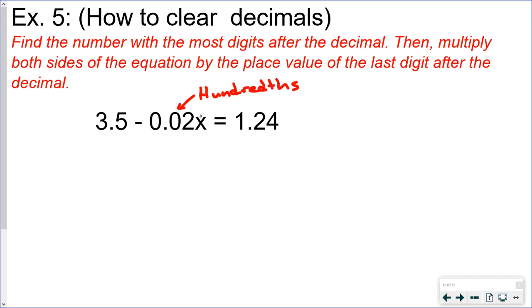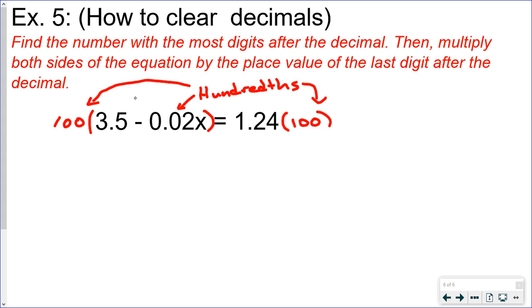Hundredths. So we have tenths, hundredths. So what we're going to do is multiply both sides of this equation by 100. And that is going to clear the decimals, all of them. So I multiplied this by 100 because the last number after the decimal is in the hundredths place.